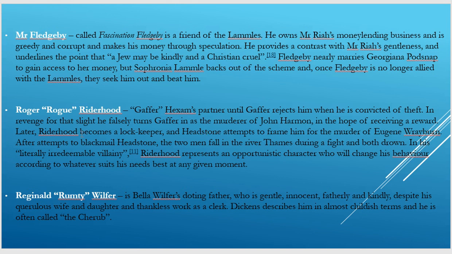Also, what happened to Roger? He has a kind of action when he threw the two men in the river, and later on, Riderhood represents an opportunistic character who will change his behavior according to whatever, and he didn't die. So that's the point here.